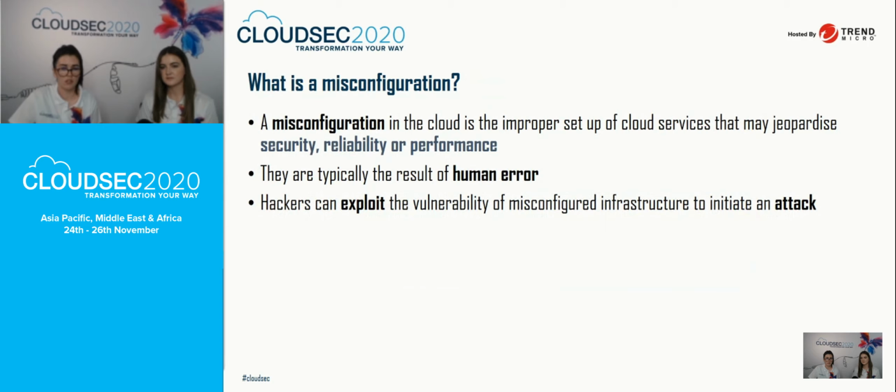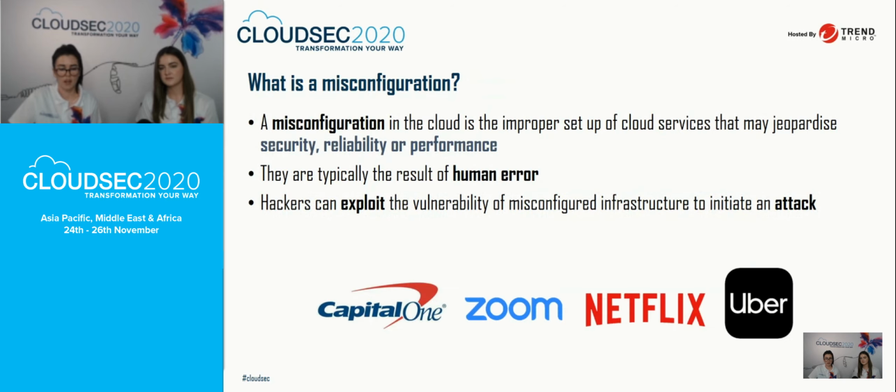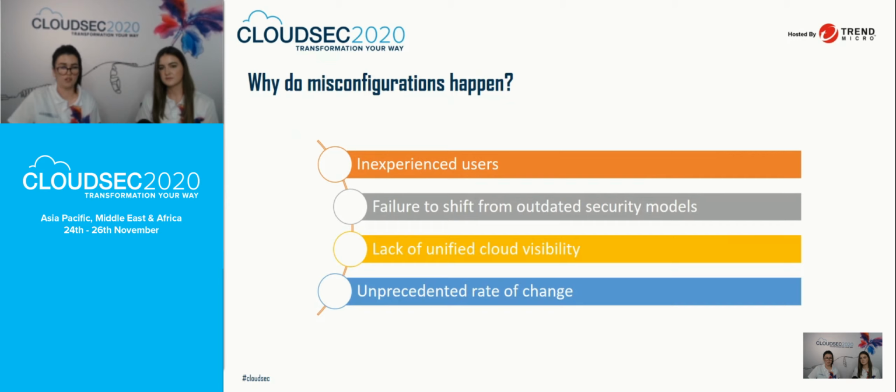What may have been an innocent human error in configuring a mission-critical workload has the ability to be exploited by a malicious actor. In the last 2 years, there have been public data breaches that we are aware of because of misconfigurations.